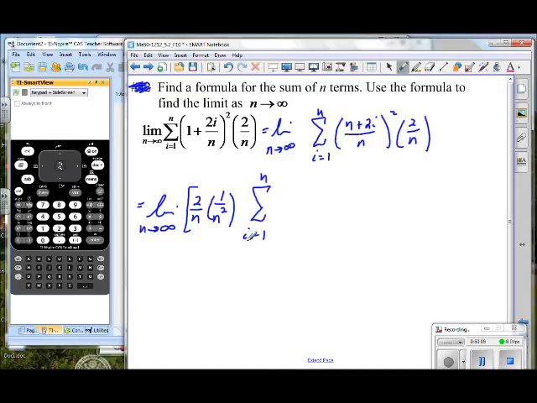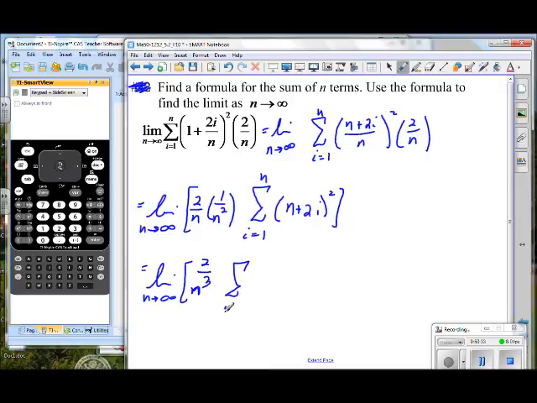Again, i is the thing we have to keep looking at here. And the only thing I have left over here is n plus 2i quantity squared. So if I look at n plus 2i quantity squared, I can simplify that. Let's see, this is 2 divided by n cubed.